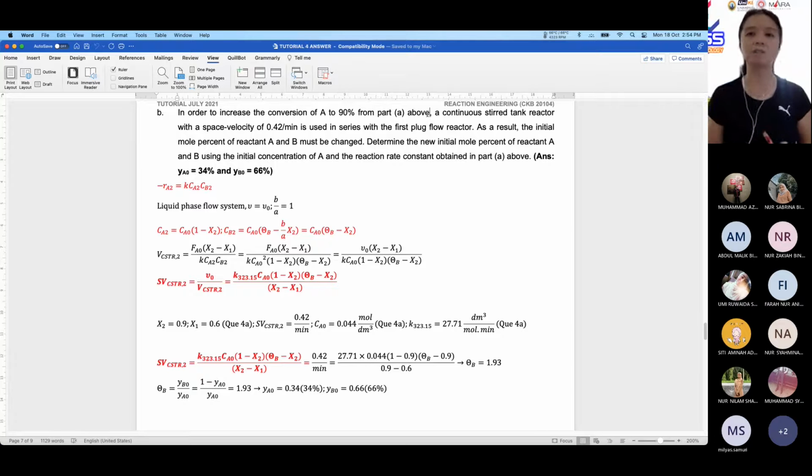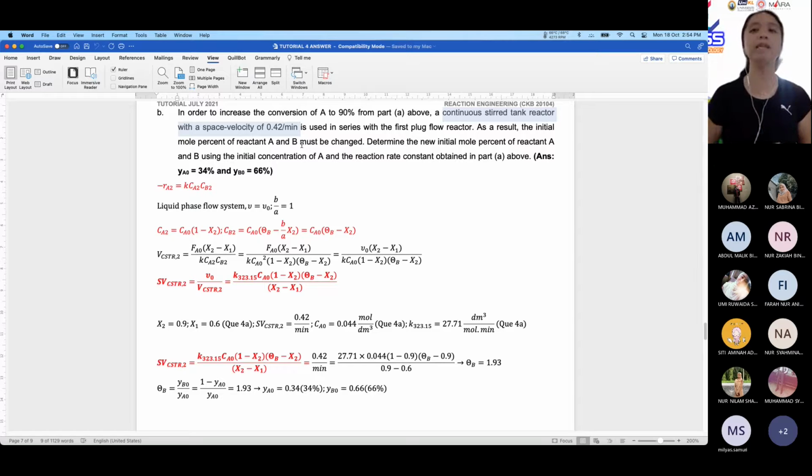Dia kata sekarang conversion 60% tu dah tak cukup, it's not enough. So they want to increase the conversion to 90%. Okay, so dia kata a continuous stir tank reactor with a space velocity of 0.42 per minute is used in series.